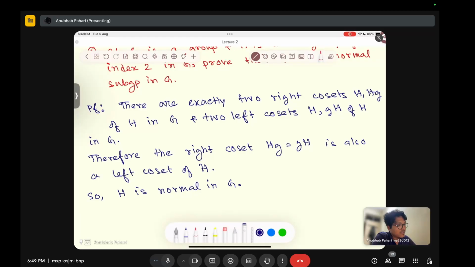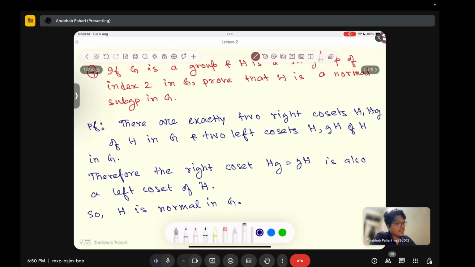Why are both g the same? They may be different, like g dashed H. You can take a different g dashed, but they will mean the same.